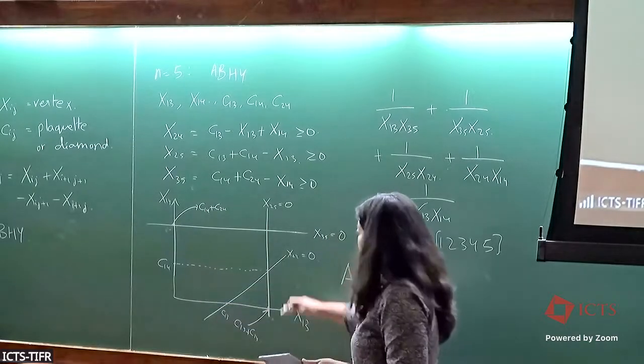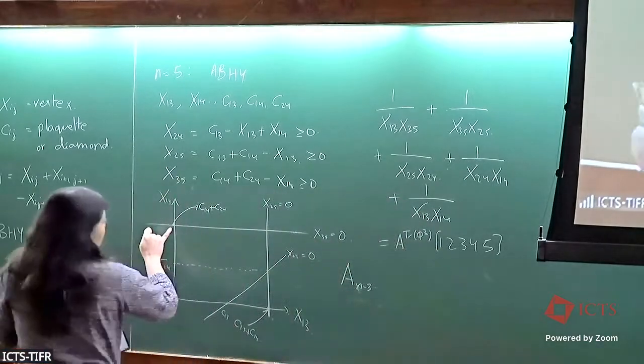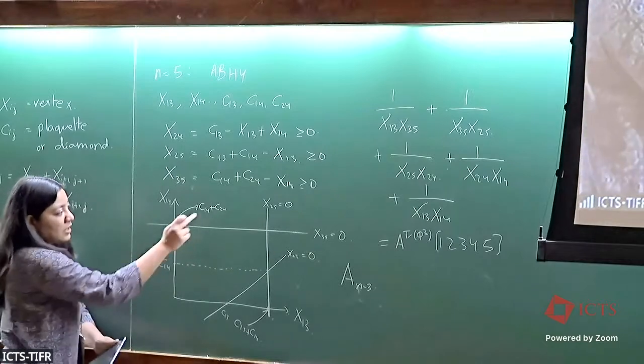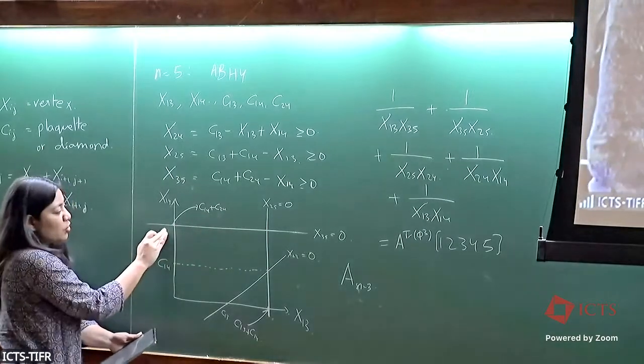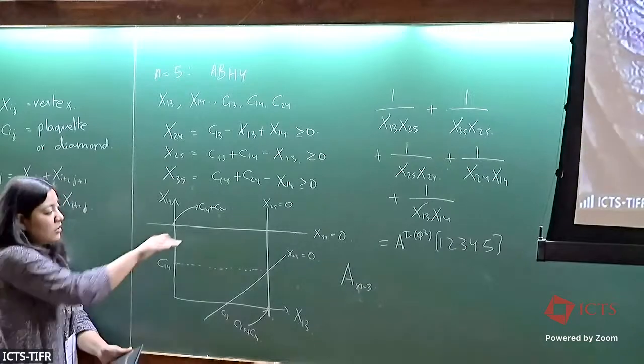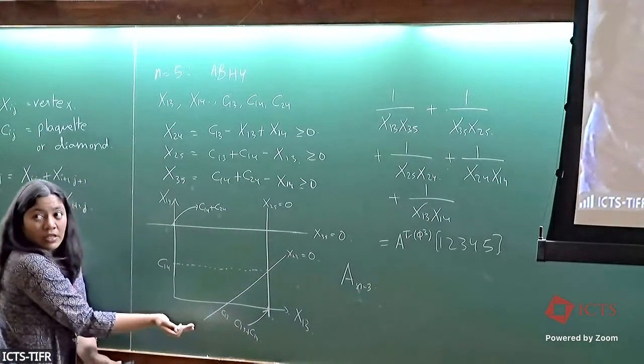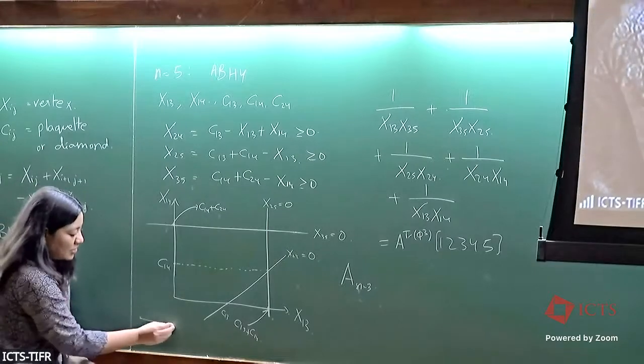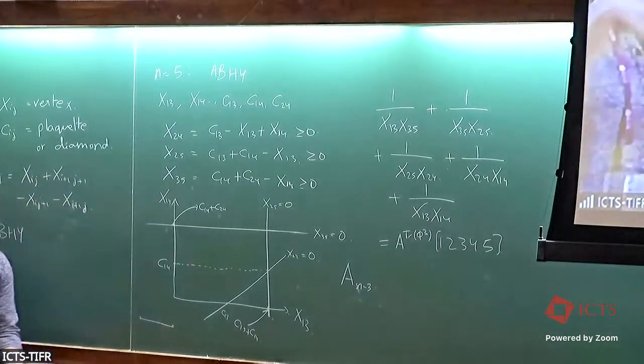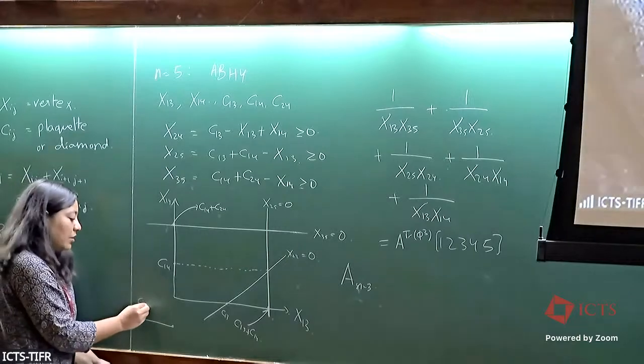In addition, this line is going to move downwards until it hits C24. So if I take C24 as well to 0, I have not only flattened this, I've also pushed this down. And that leaves me with exactly this just one-dimensional space when I say C14 equals C24 equals 0.